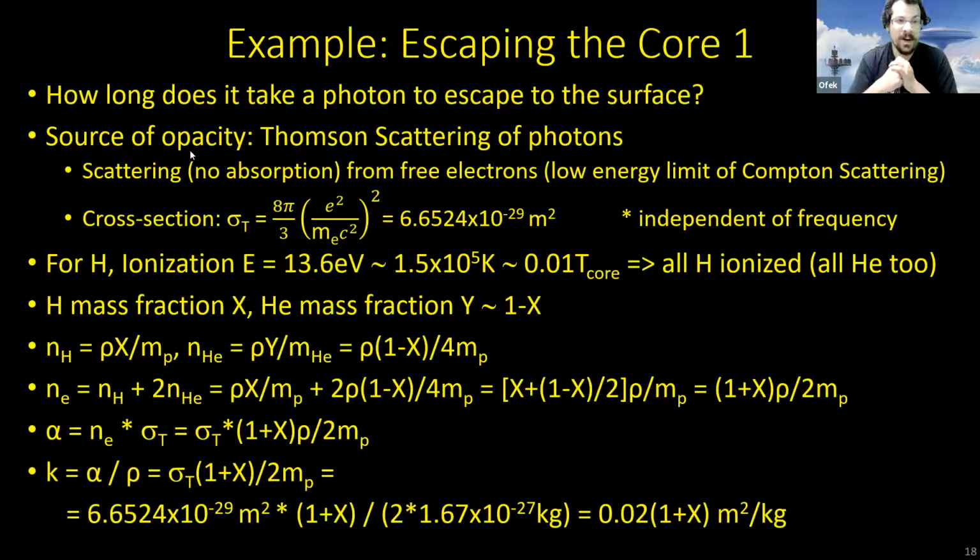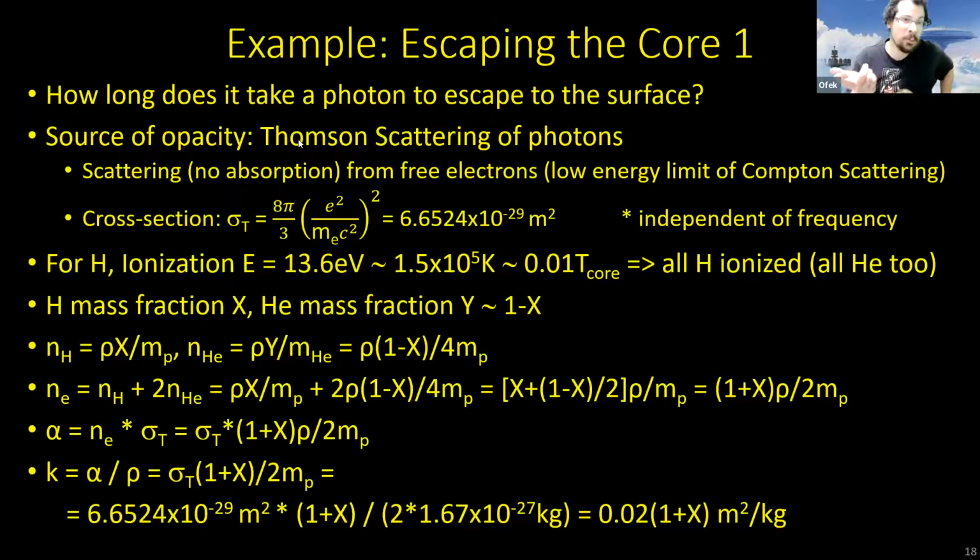Okay, so first of all, we have to ask, what is the dominant process of opacity hindering that photon on its outwards journey? And in the sun and many highly ionized systems, that process will be Thomson scattering.